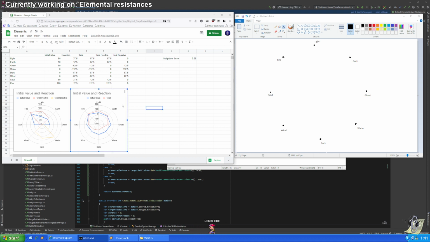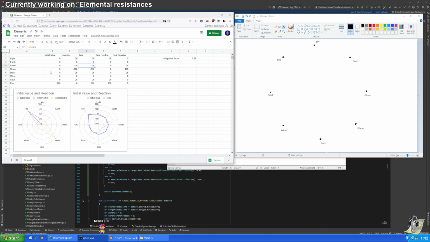Okay, this actually looks fine, I think. So if I remove all of that, so one fire gets 25 light and soul. Gets minus 100 water and dark and earth. Minus 25.